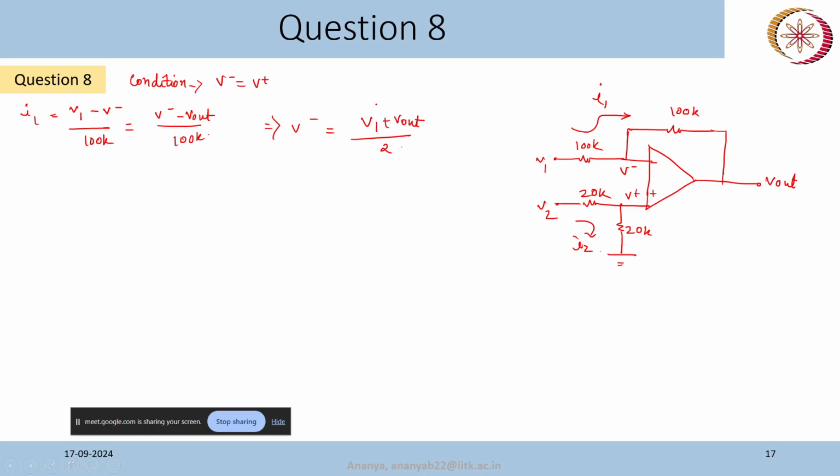So this is our one expression, and for this case I2 will be equal to V2 minus V plus by 20k. This is equal to V plus by 20k. This is 0.